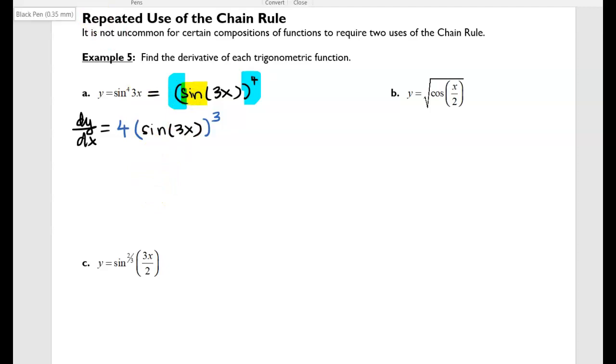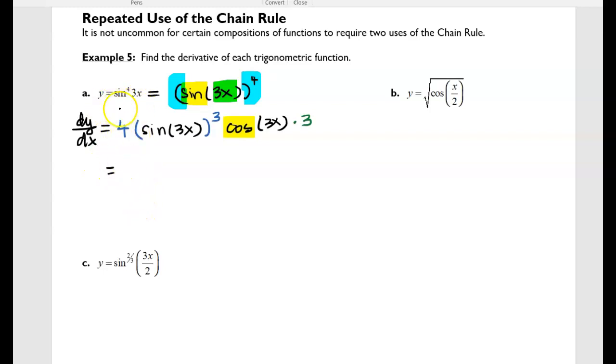So my derivative of sine is cosine. And then I still leave the inside alone, 3x. And then finally, I multiply by the derivative of the 3x, which is 3.